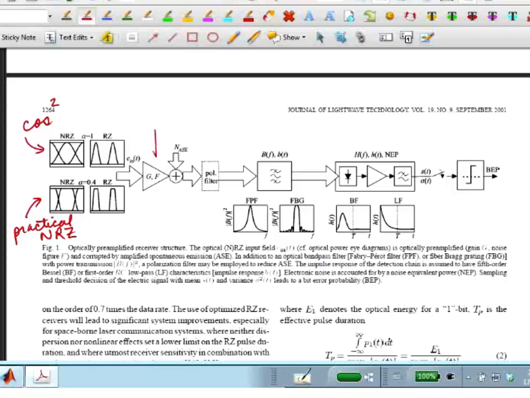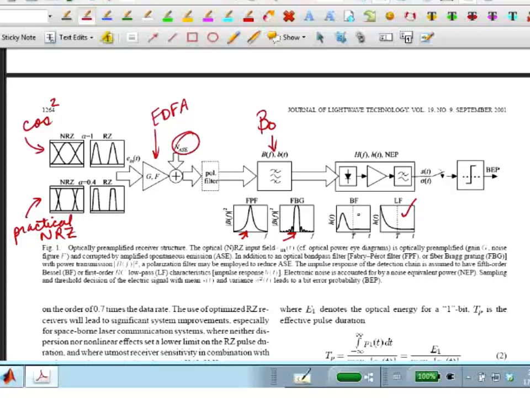Then they have an EDFA, which introduces spontaneous emission, and it goes through an optical filter with a certain bandwidth, and they test different filter shapes. They're looking at Fabry-Perot and contrasting it with grating filter shapes to see what impact that might have on your decision on what kind of low-pass filter you would use.